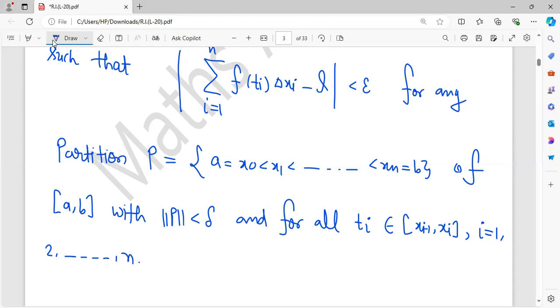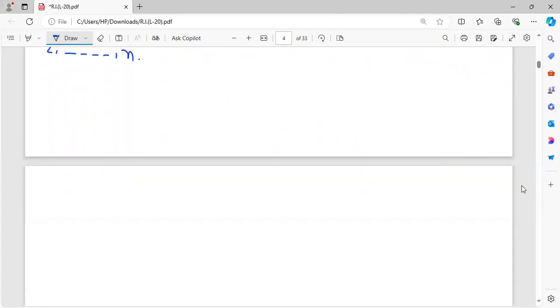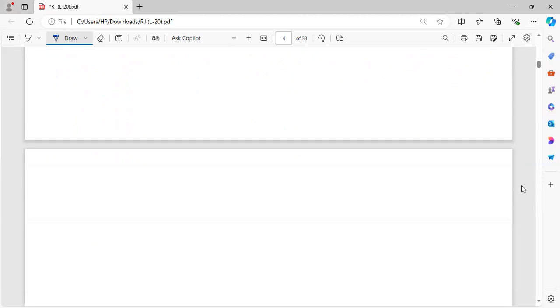So this is the definition of convergence of Riemann sum.